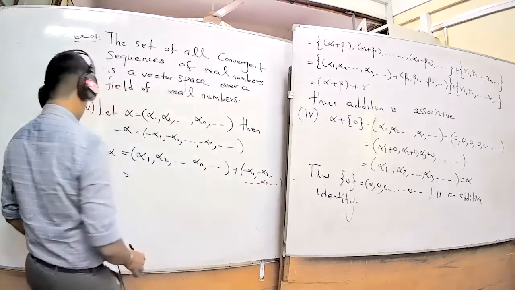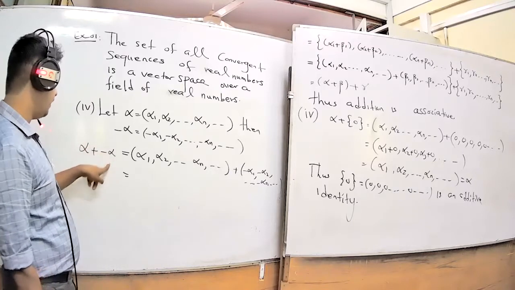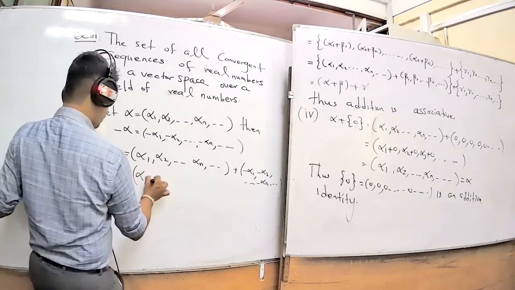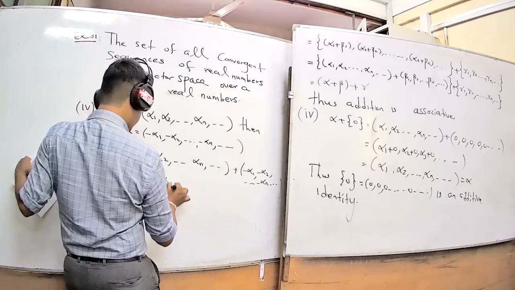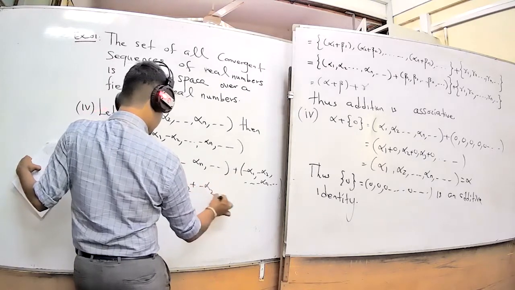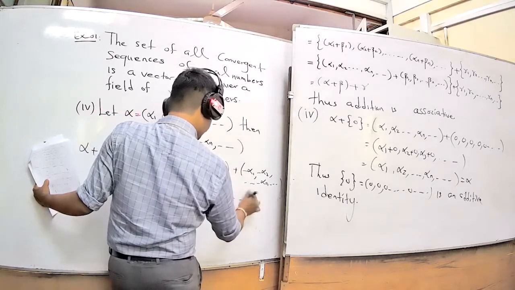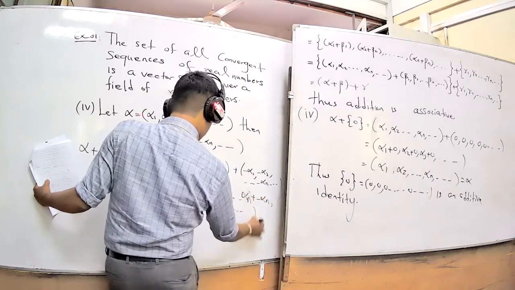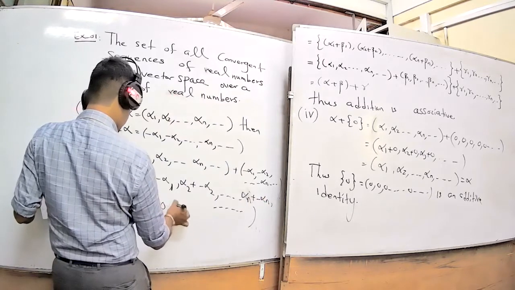You add these two and you get the identity, because alpha 1 plus minus alpha 1, alpha 2 plus minus alpha 2, alpha n plus minus alpha n, and so on. So it is 0, 0, 0.